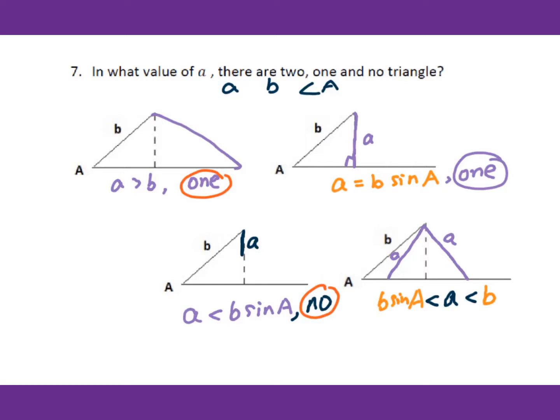So you will form this triangle, red one, or you can form this triangle, orange one. In other words, you have two triangles to form.